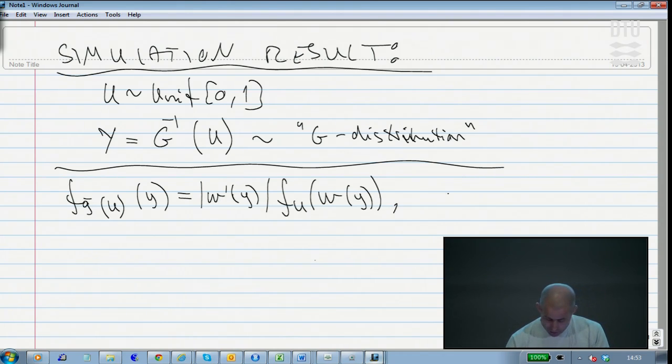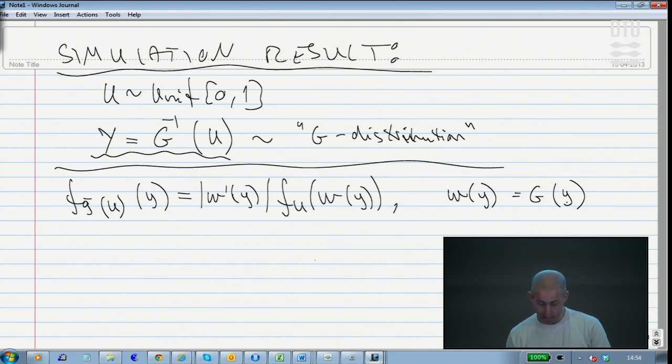And the w of y function is then the inverse of the transforming function. And since the inverse of the transforming function is capital G, the distribution function of some distribution, then the inverse of that simply is the distribution function of y.